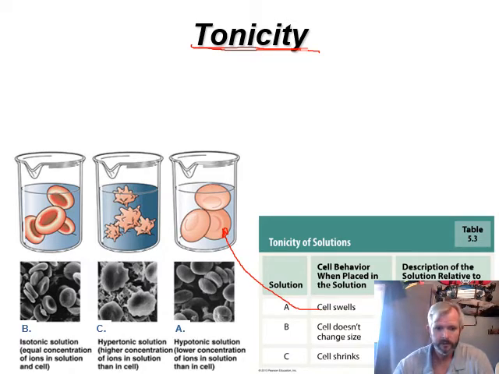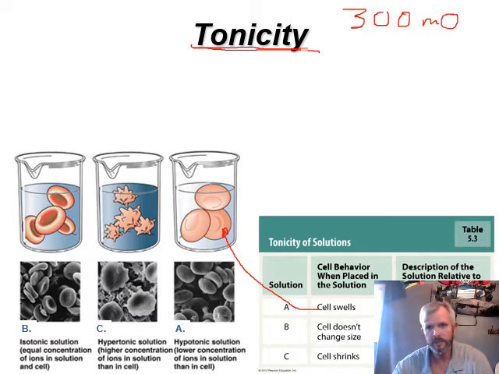The number of non-penetrating solutes that the cell keeps is roughly around 300. We use 300, it's really more like 296 milliosmoles of non-penetrating solutes in the cell.